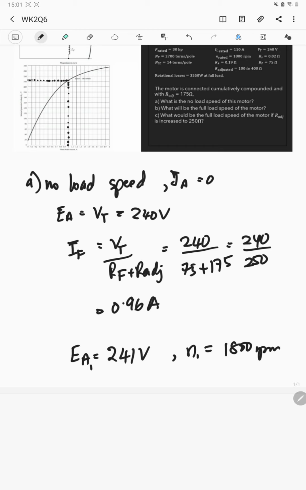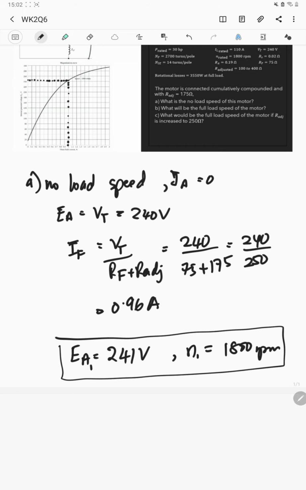Remember, the magnetization curve is always plotted at a single speed. Different speeds will give you different values of EA, even though the shape of the curve is the same. So if you have 0.96 ampere of field current fed into the machine running at 1800 RPM, you will get 241 volts. But in this case, your EA is actually 240, because at no load, EA is equal to VT.